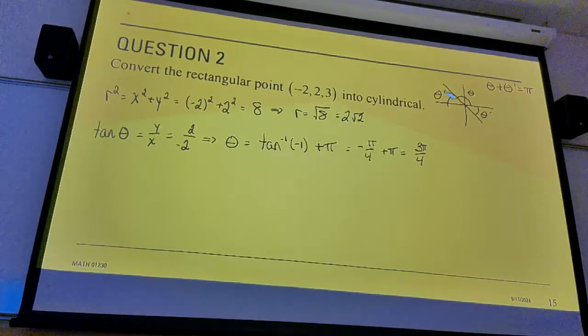Finally, z is z, which is just 3. And so there is our cylindrical point.